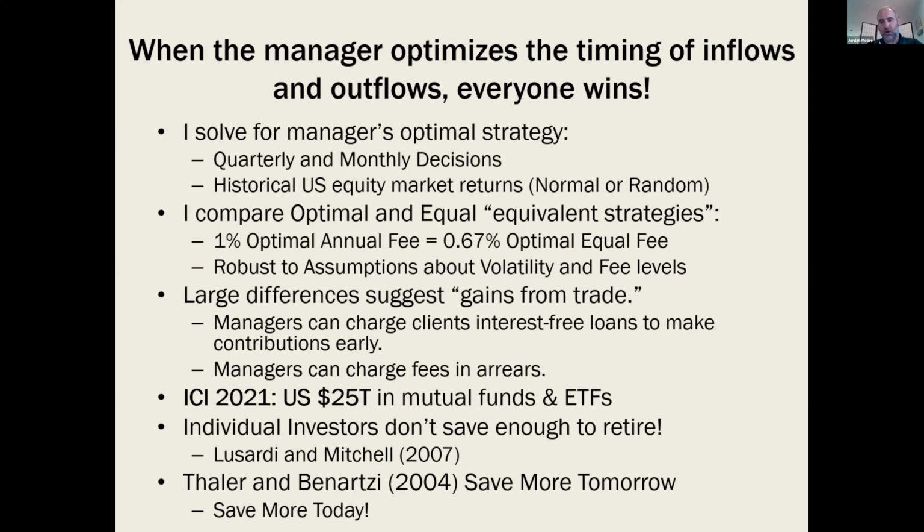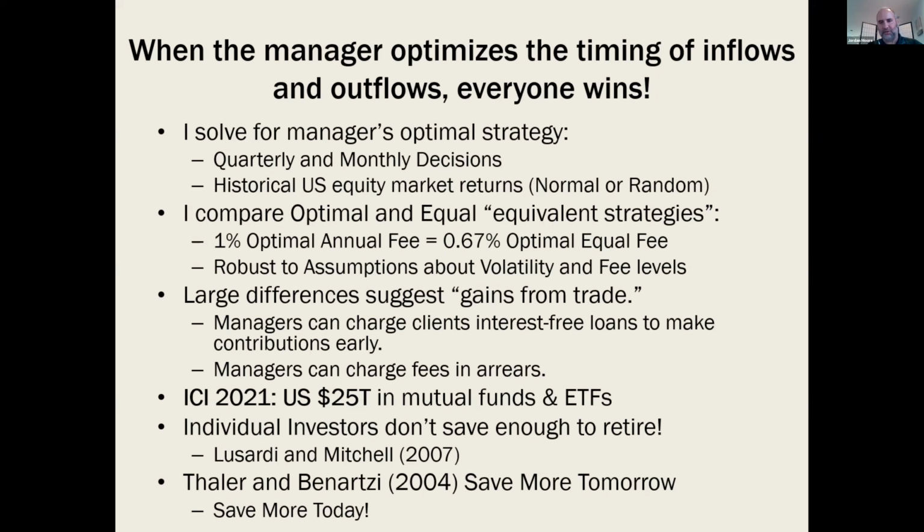In other words, two strategies that produce the same expected utility from the standpoint of the investor. And I show, for example, that a 1% fee applied in this optimal way, where you charge the 1% at the best possible time, namely when the account has a big gain, generates the same expected utility as a 0.67% fee applied just equally over months or over quarters.